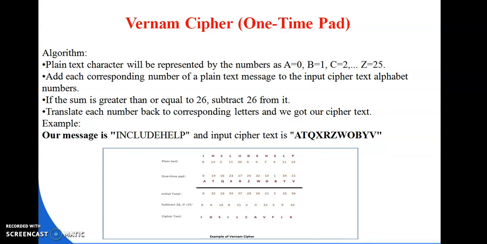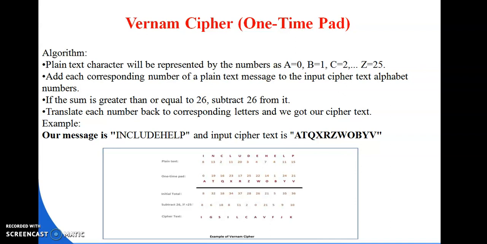Here, first our plain text is INCLUDEHELP. So first you have to write INCLUDEHELP, and you have to put the serial number against each alphabet. Suppose you start from 0: A is 0, B is 1, C is 2, D is 3, E is 4, F is 5, G is 6, H is 7, and I is 8.